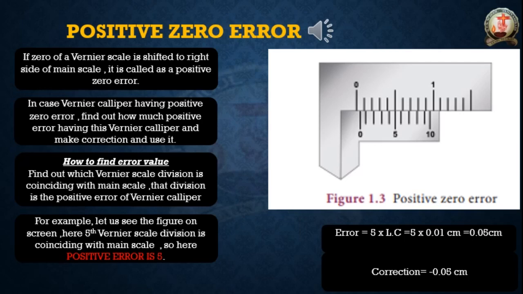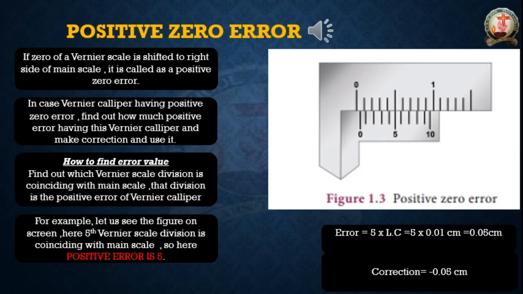As explained above, when the upper two jaws and lower two jaws are kept at the initial place, and the 0 of the vernier scale is shifted to the right side of the main scale.